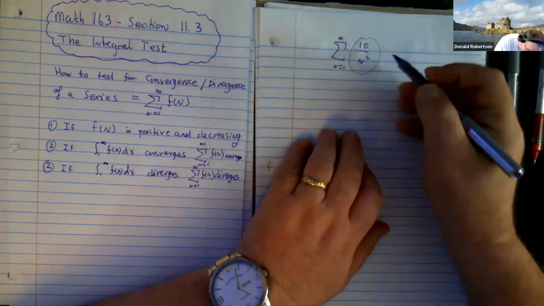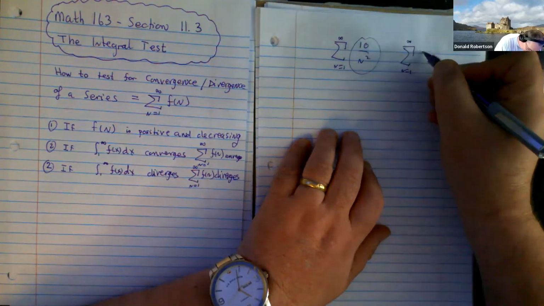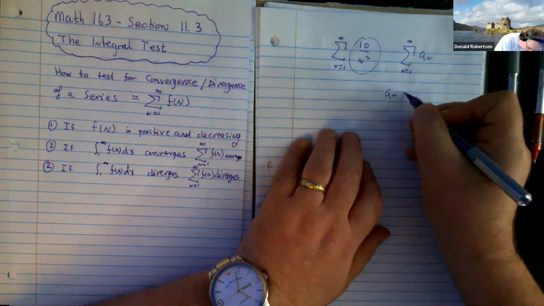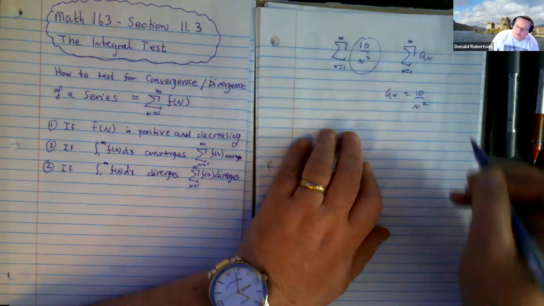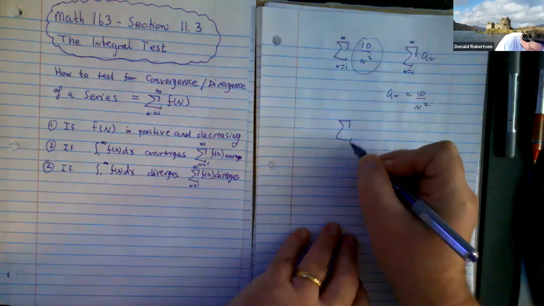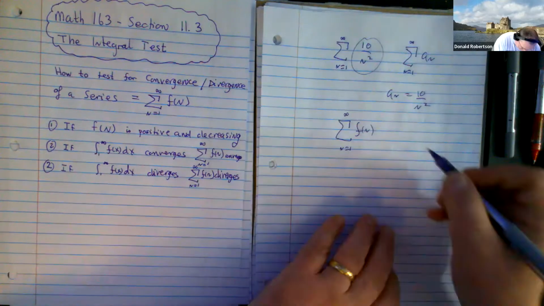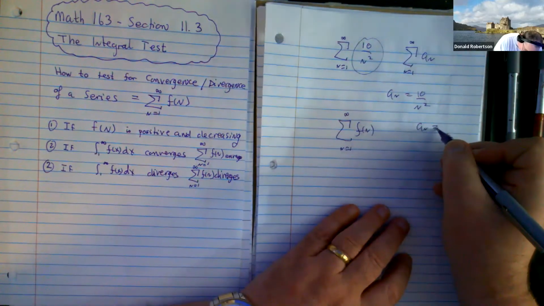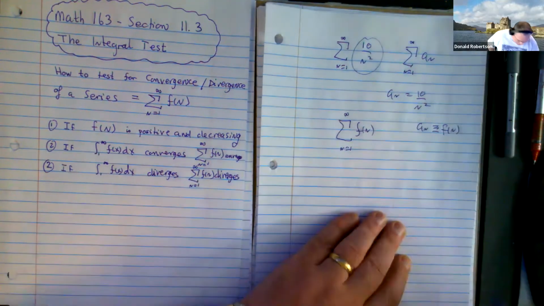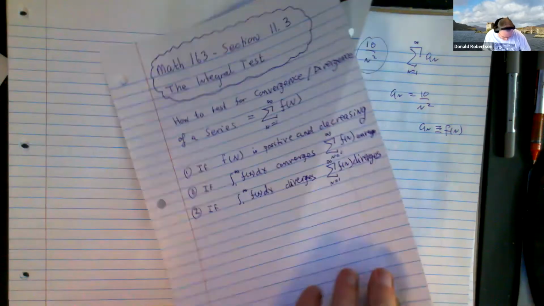Last week at least, I would typically have said a_n would have been 10 over n squared. That's the notation, but it's okay to use this notation. And I want you to think of a_n as being the exact same thing as f of n. But the reason why this notation works is because of what comes later.